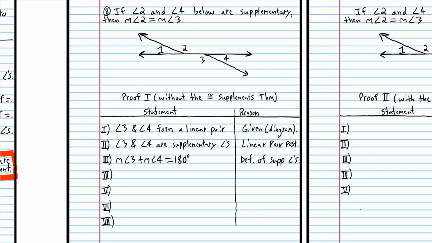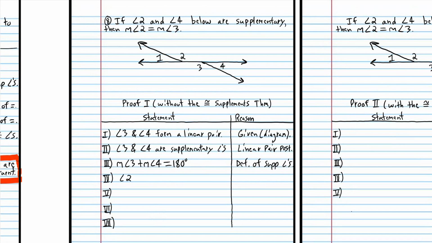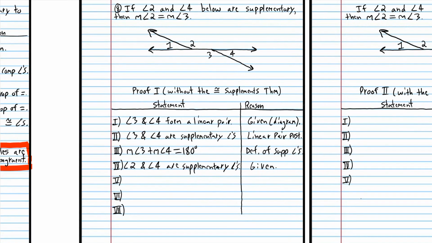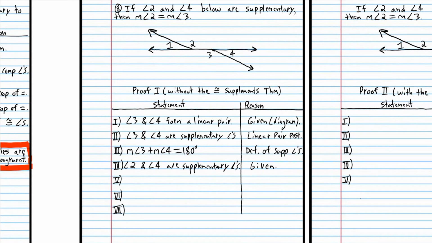Now, we're also told that angle 2, this is the given information in the sentence, angle 2 and angle 4 are supplementary angles, and that is given. And of course, we know by definition the measures of those angles must add up to 180 degrees. That's the definition of supplementary angles.